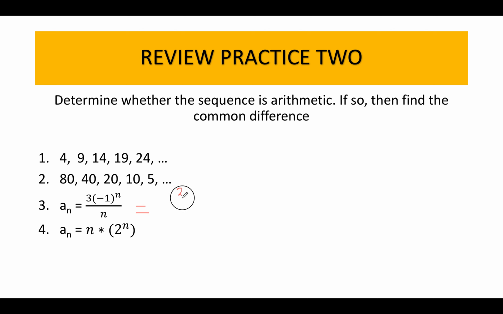When n equals 0, actually no, start with n equals 1. I apologize. You cannot have 0 in the denominator. Start with n equals 1. What does that give you? Find that out. Then n equals 2. What does that give you? Find that out.